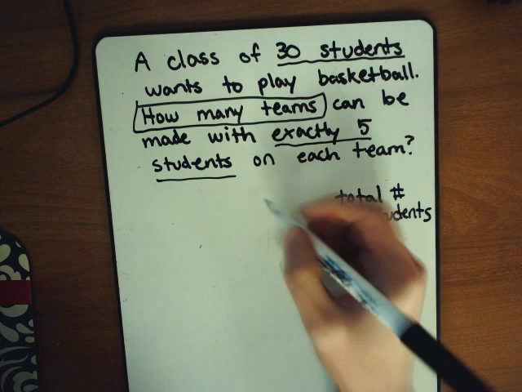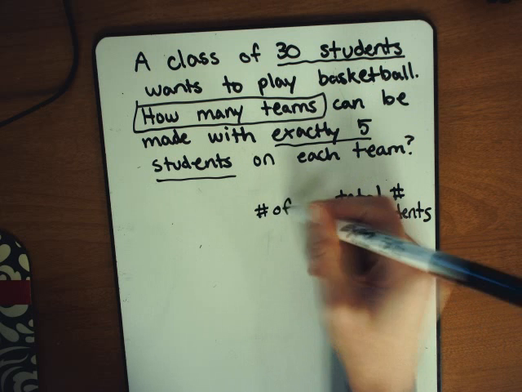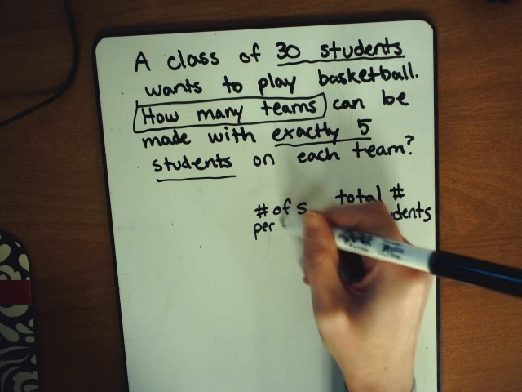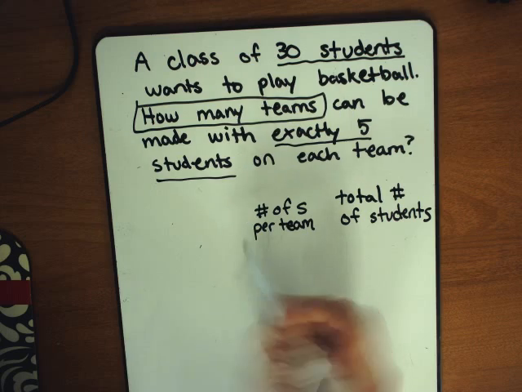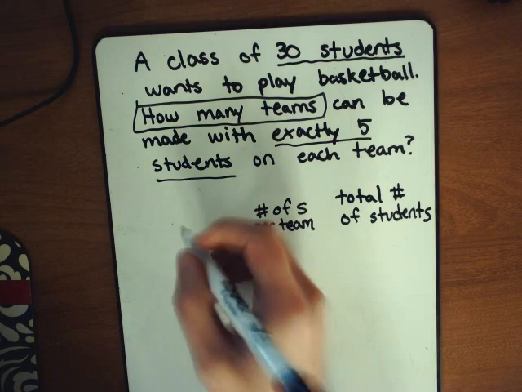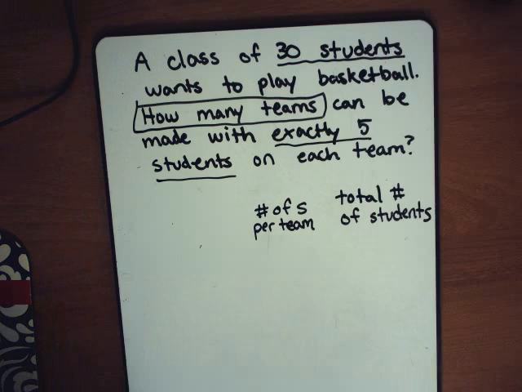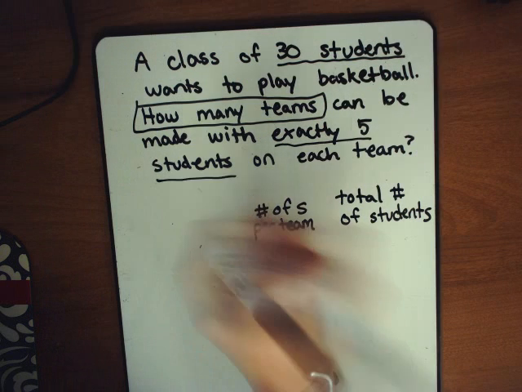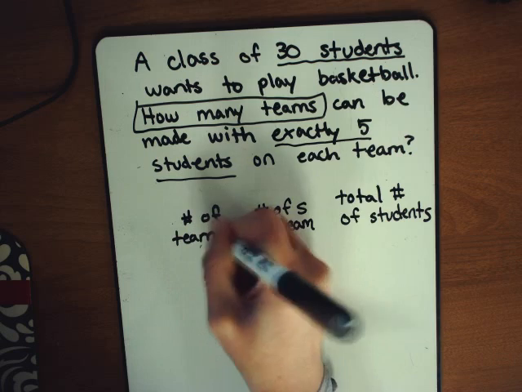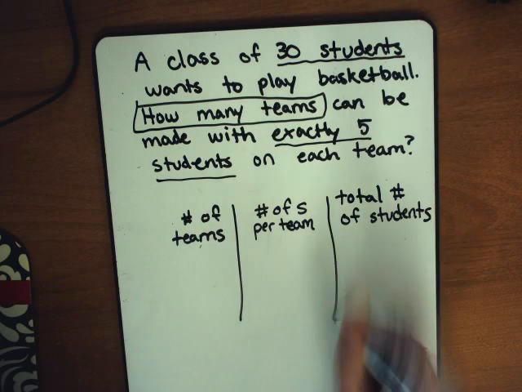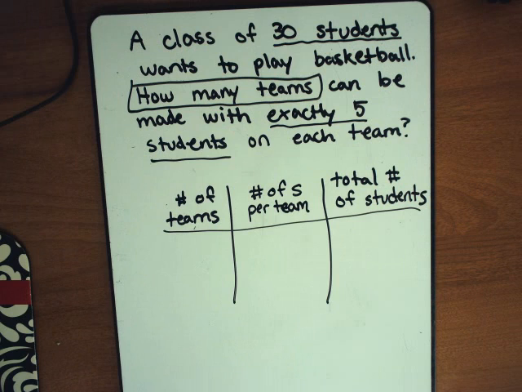I've got number of students per team, just like we had the cars per box. And then we are trying to figure out how many teams right there, just like we had how many boxes on this one here. So the number of teams. Okay, so go ahead and write that chart down. Pause right here if you need a little bit more time.